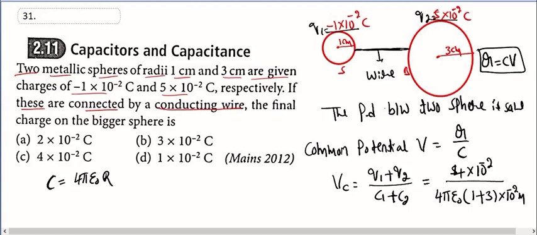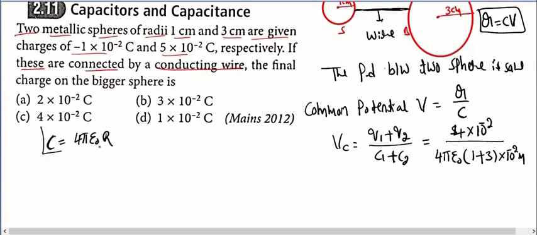This is the capacitance of the spherical capacitor formula. So now the common potential is 4 divided by 4, the 10 to the power of minus 2 terms get cancelled, that is 1 by 4 pi epsilon naught.